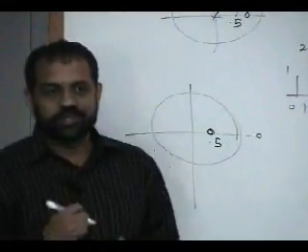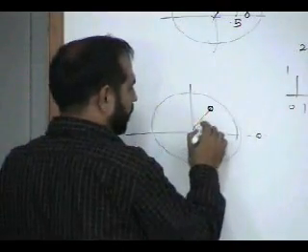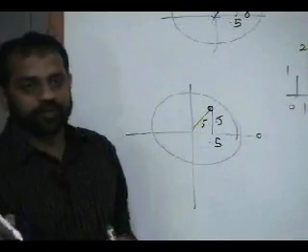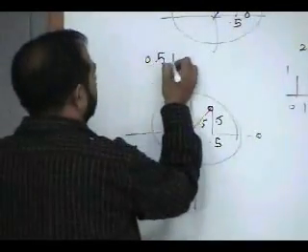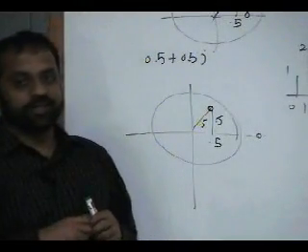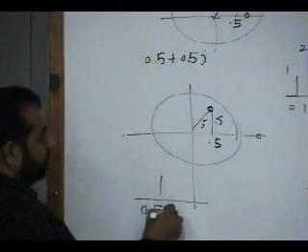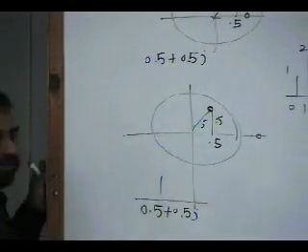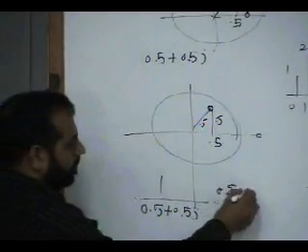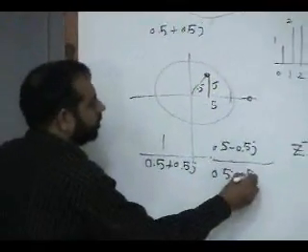The interesting thing is, if there is a 0 at 0.5 plus 0.5j, there will always be a 0 at where? 1 over 0.5 plus 0.5j. What is this? This is because you say 0.5 minus 0.5j divided by 0.5 minus 0.5j.